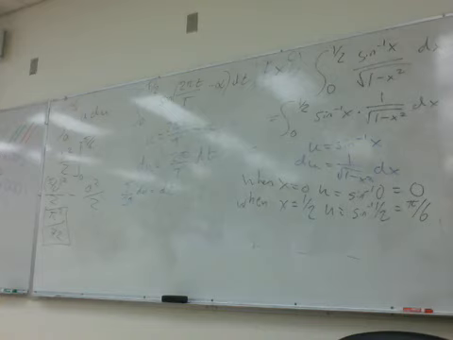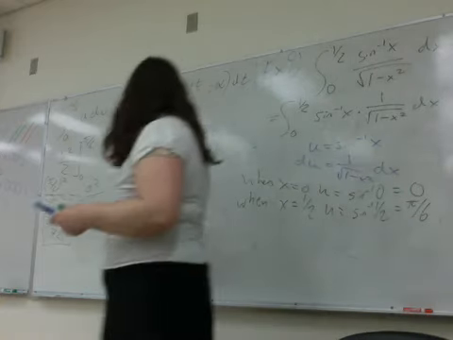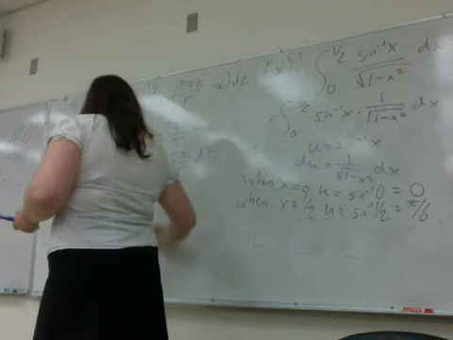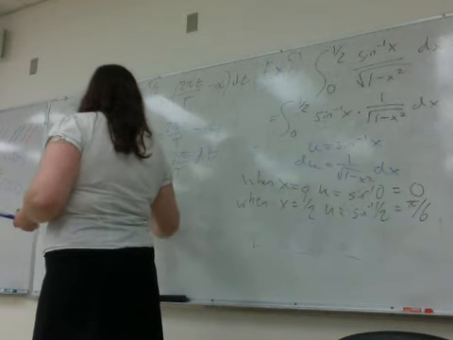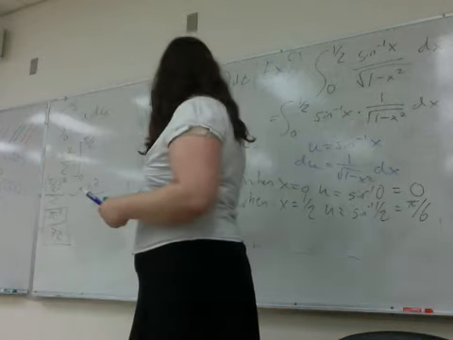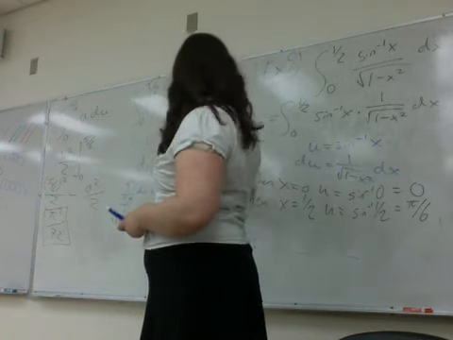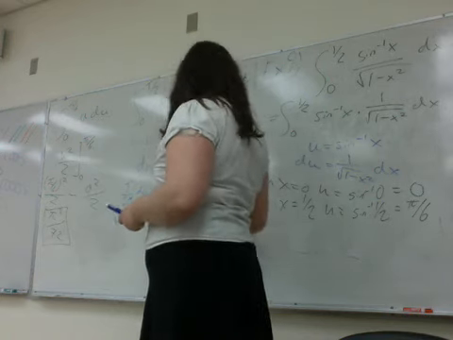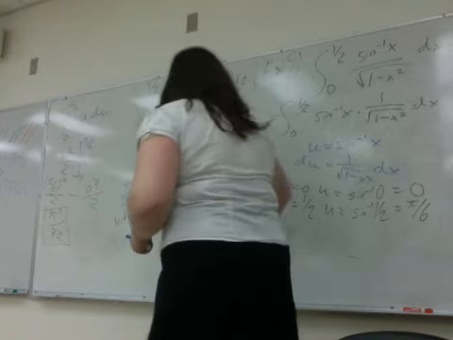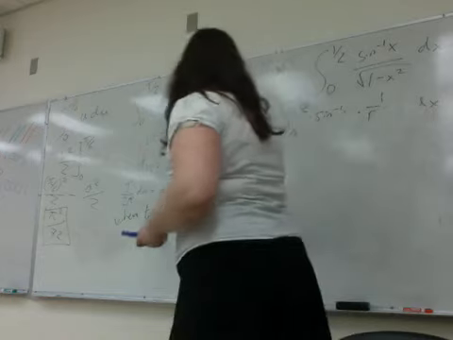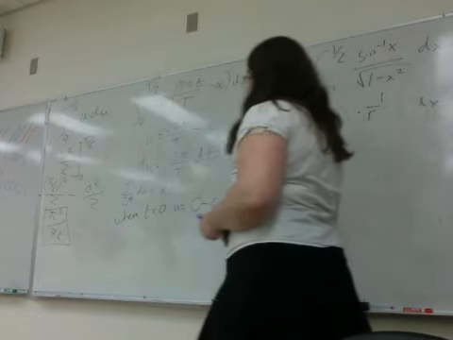Now we need to change those limits of integration. So when t, lowercase t, is 0, what is u? Well, we're going to plug 0 into this formula. This gives you 0 minus alpha, right? So when t is 0, u is negative alpha.